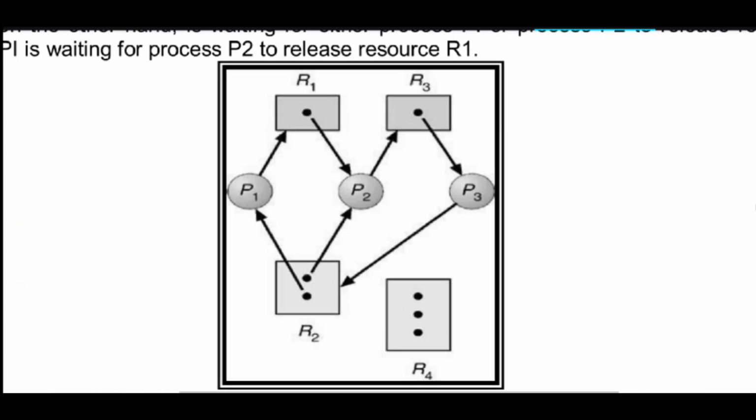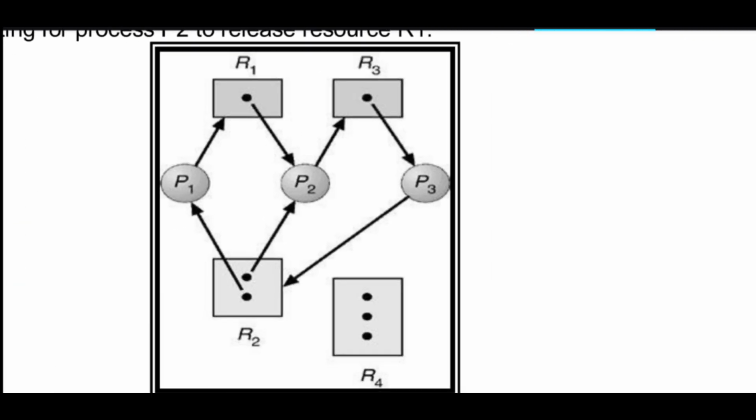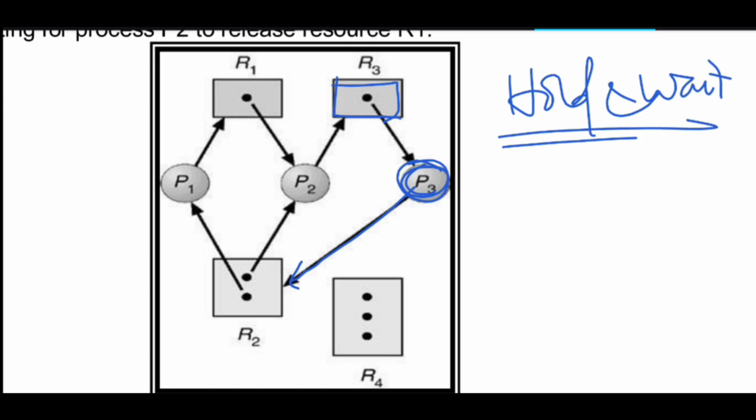Here is another graph. Here is P3. P3 is requesting our R2 and already holding R3. You should remember the four conditions of deadlock. Hold and wait is one of the conditions.